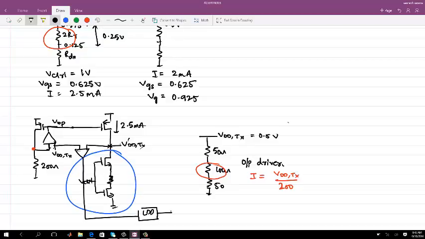So you see right here, if I change my VDDTX from 0.5 to 0.4, my current will change. In place of 2.5 milliamperes, I will inject 2 milliamperes into the output driver replica, and I can generate the pre-driver supply voltage with respect to that.